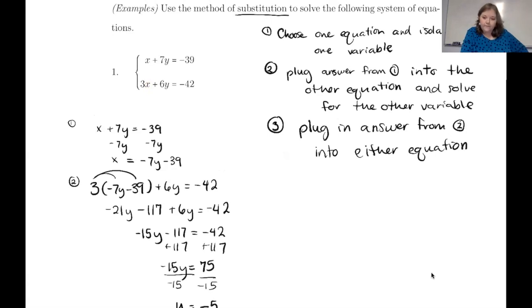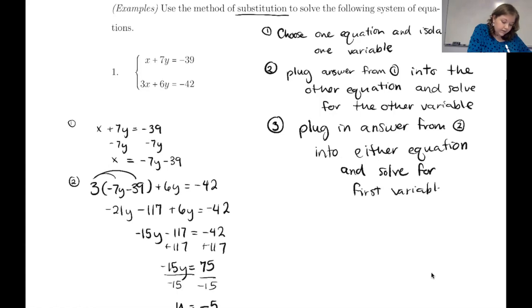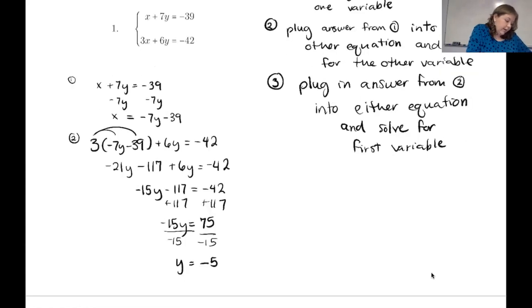And then we'll solve for the first variable. It's going to be just like sticking it into the first equation. If we stick it into what we got in step 1, our first variable x is already isolated, so it's a little bit easier to put it in.